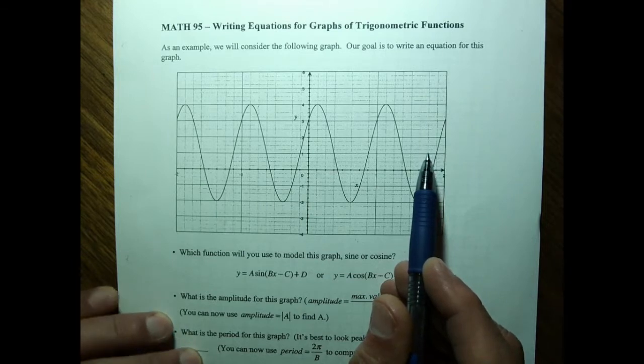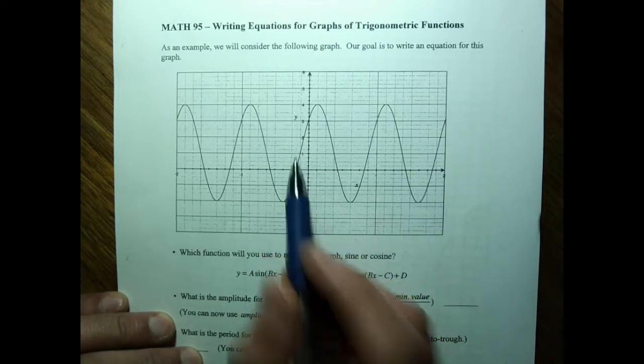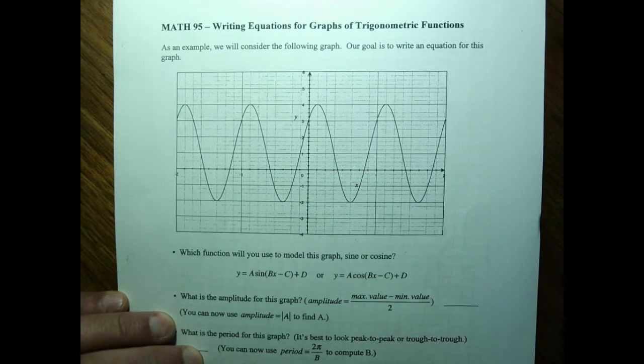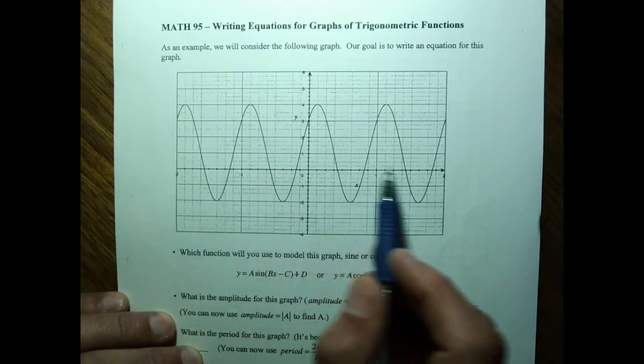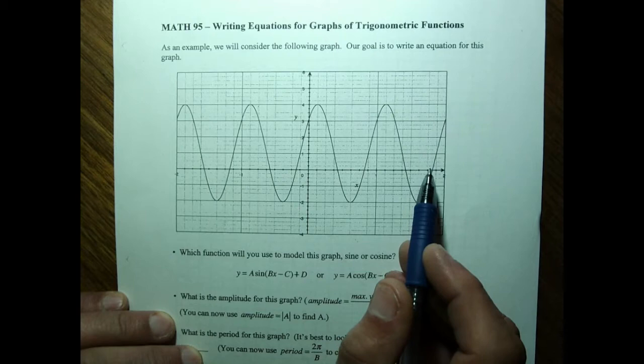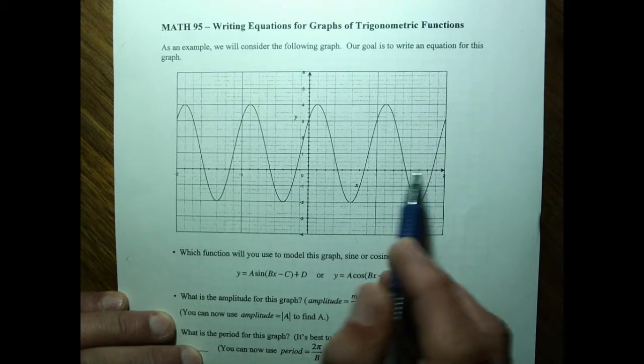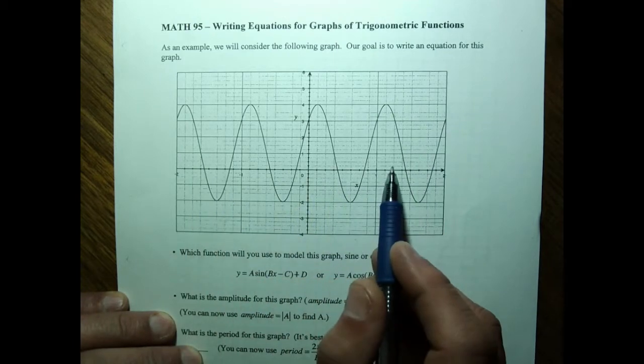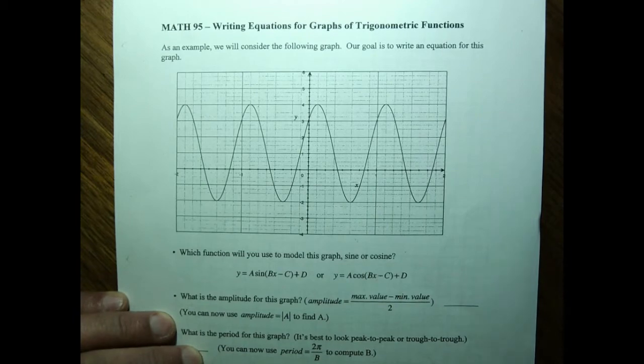Up to now, we found equations where we've seen just one period of the graph. Here we see several periods of the graph drawn, and so it's a different kind of challenge trying to find an equation than what we've seen before.